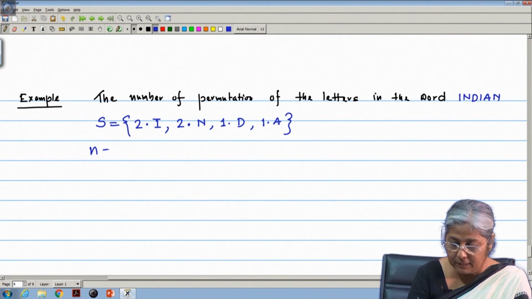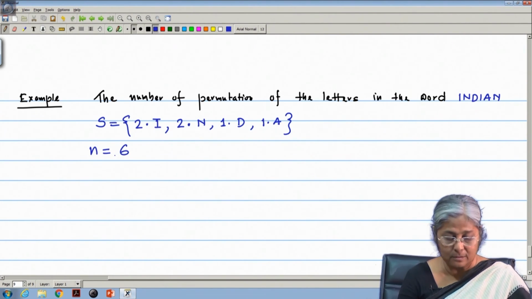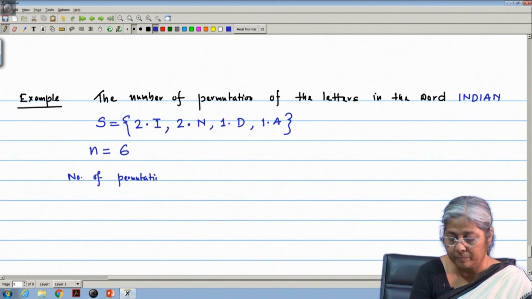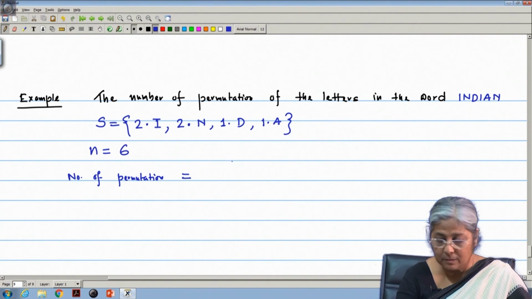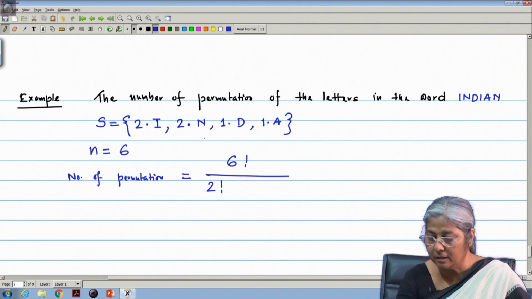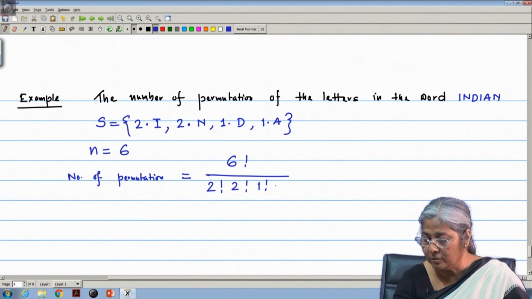So my n is equal to 6, and I can write the number of permutations as 6 factorial divided by, there are 4 types, n1 is 2 factorial, n2 is 2 factorial, n3 is 1 factorial and n4 is 1 factorial.